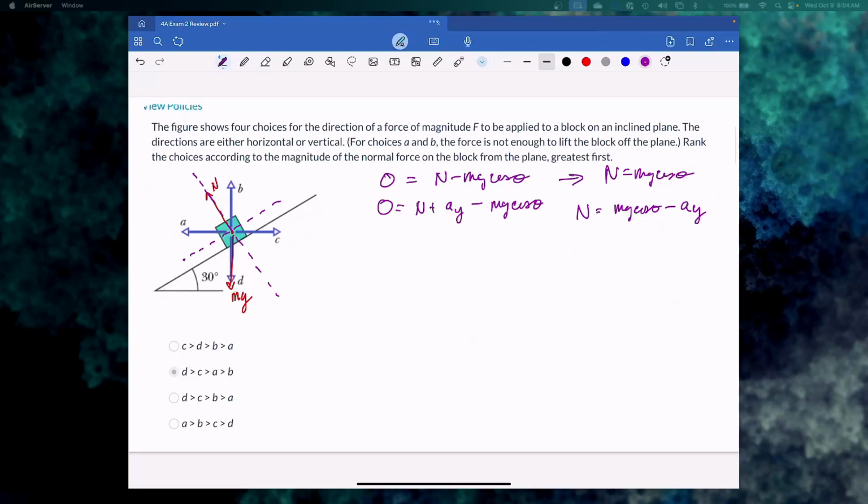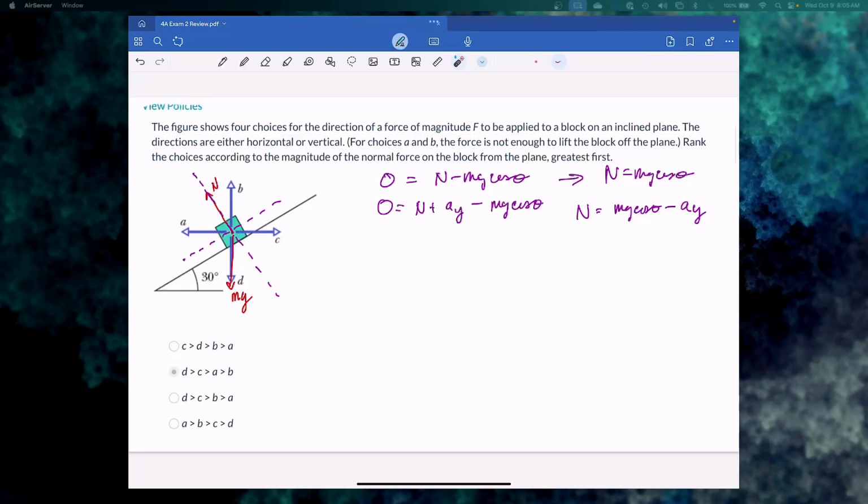So is the normal force in this case, where I have this extra component of force, bigger or smaller? It's smaller than it would be otherwise. mg cosine theta is the bottom line if there were no other forces, just normal force and gravity. But when we add this force A, we're taking away from that amount.